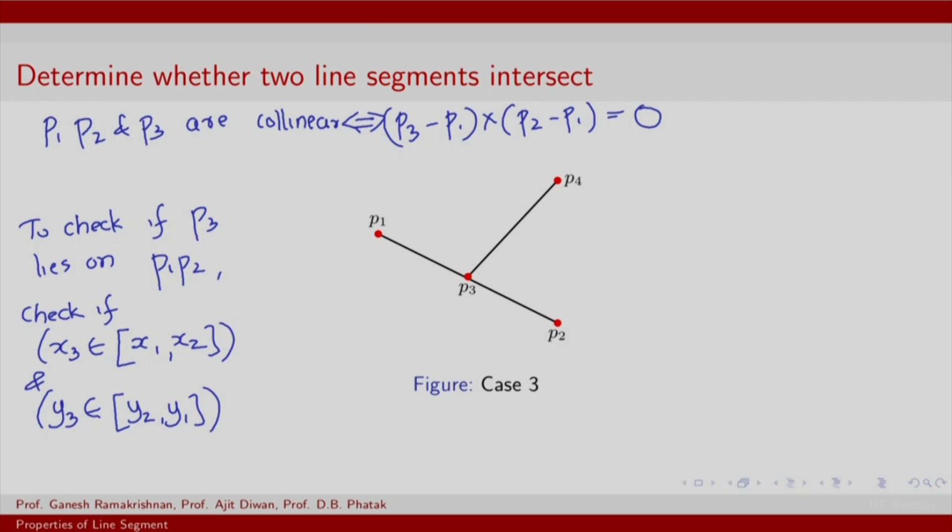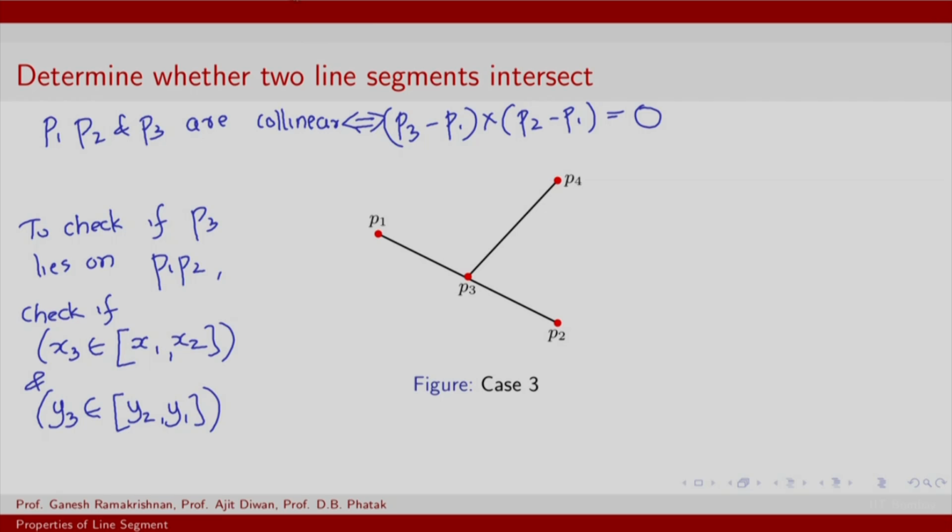We have very implicitly referred to this specific orientation of P1 and P2 in defining these intervals x1 x2 and y2 y1. We know that y2 is indeed smaller than y1 and x1 is smaller than x2.